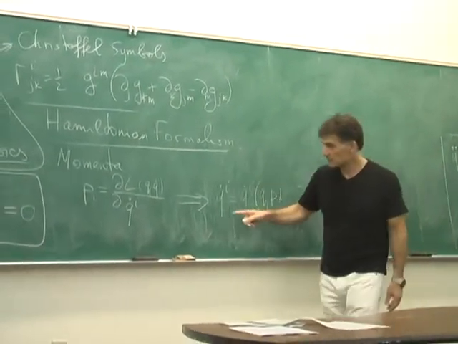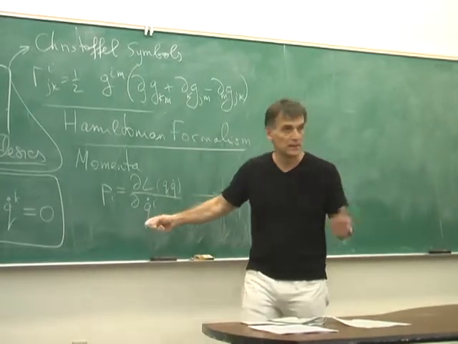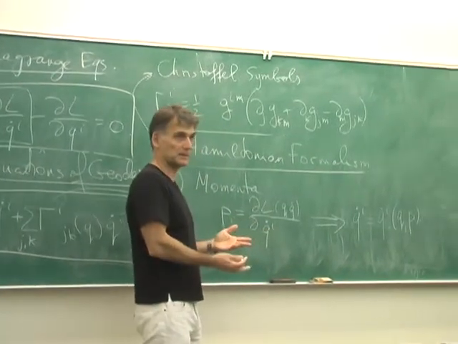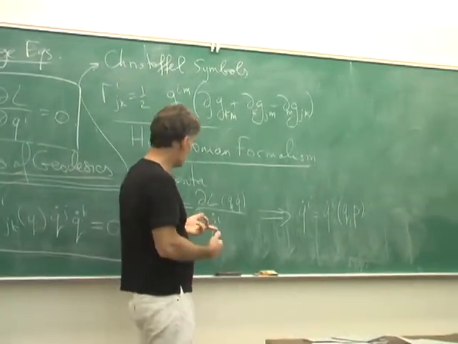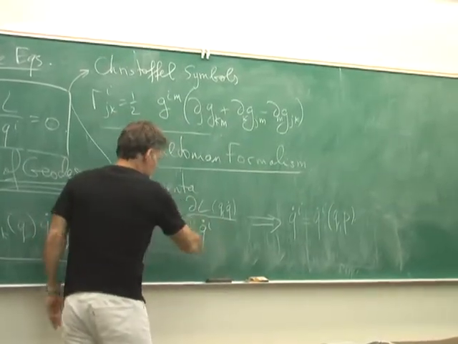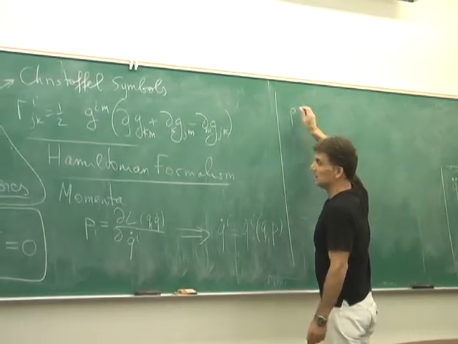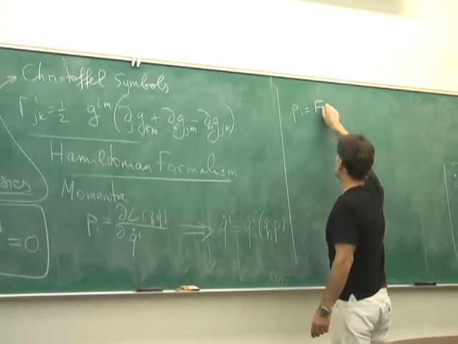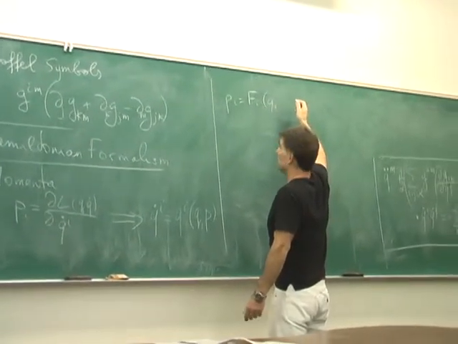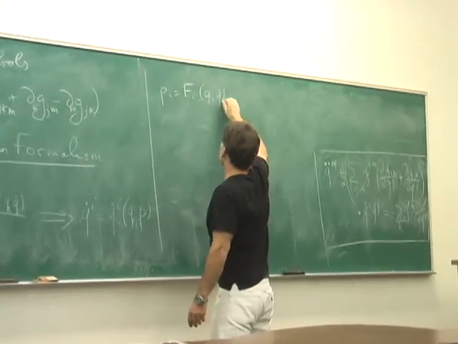Of course, this is some function of q and q̇, right? So the question is whether you can invert it. Suppose that it is possible. When will this be possible? You have p_i, some function that depends on q and q̇.